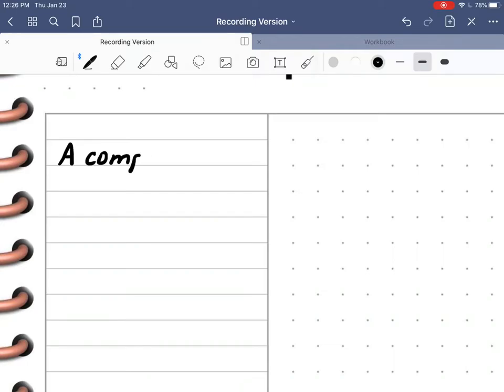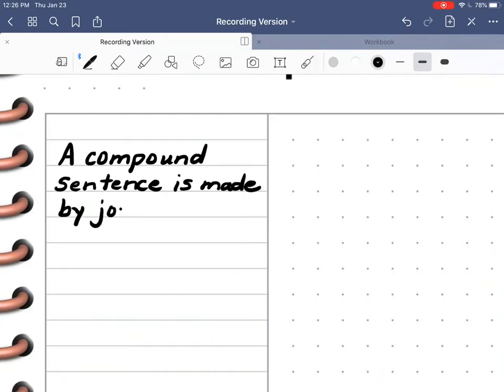A compound sentence is made by joining, anytime you see compound, think of joining, two sentences with a conjunction.